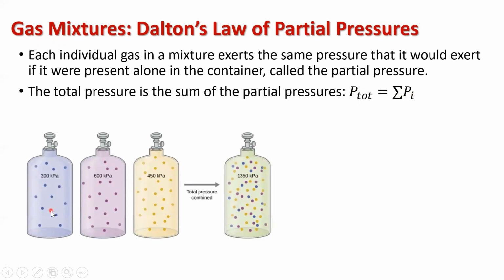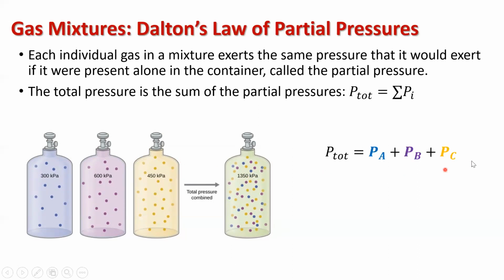So visually, if we have a gas here and it's exerting a pressure of 300 kilopascals, and we have a second gas here exerting a pressure of 600 kilopascals, and a third gas here exerting a pressure of 450 kilopascals, and we were to mix all three of these gases together, and we don't change the temperature and we don't change the volume of the container, the total pressure of that mixture is the sum of the partial pressures.